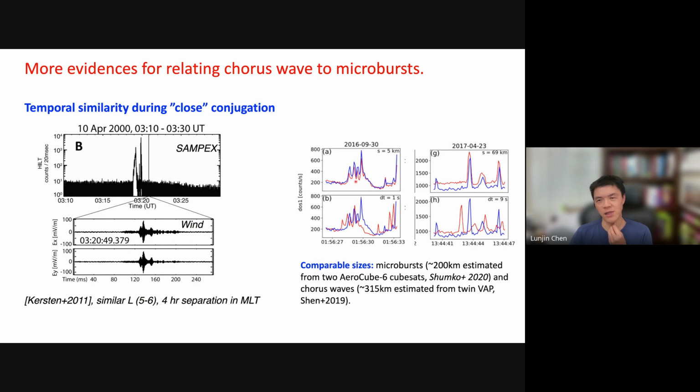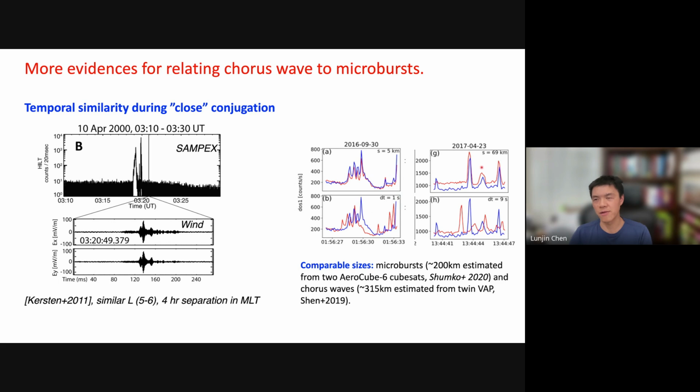Back on this one, if you offset the time by 1 second according to the orbit separation, they basically measure the flux at the same location. You don't see any correlation, meaning this is more like a temporal structure, not a spatial structure.